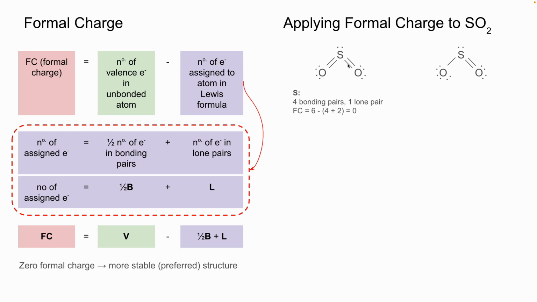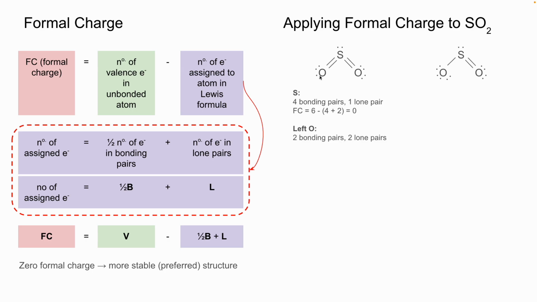We've got 4 bonding pairs, 8 electrons, half of 8 is 4. And then we've got 2 electrons involved in this lone pair. So 6, take away the 4, add the 2, equals 0. So sulfur has a formal charge of 0.